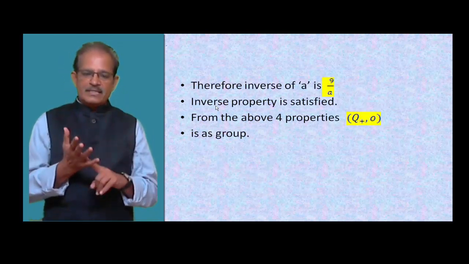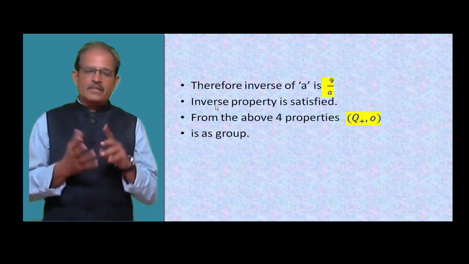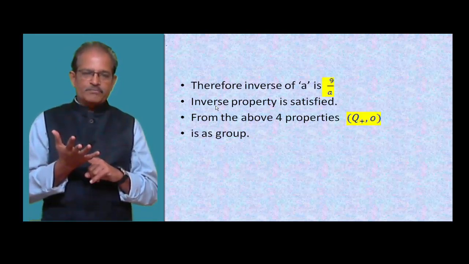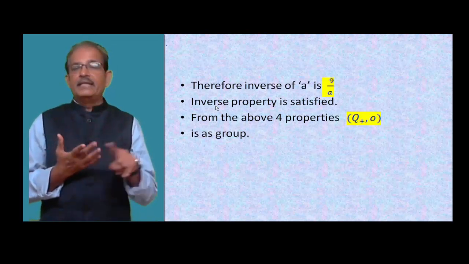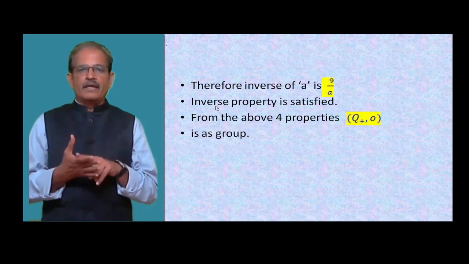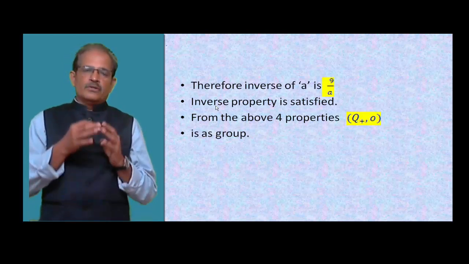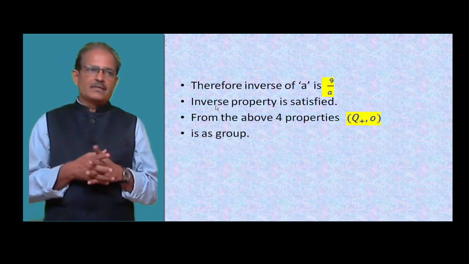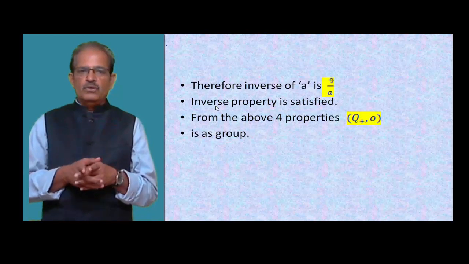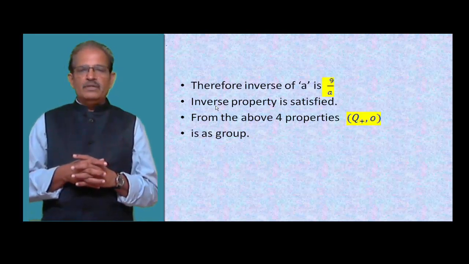So therefore, from all the 4, closure property, associative property, identity property, and finally inverse property are also satisfied. Therefore, the non-empty set Q plus along with the binary operation O forms a group. Therefore, (Q plus, O) is a group.